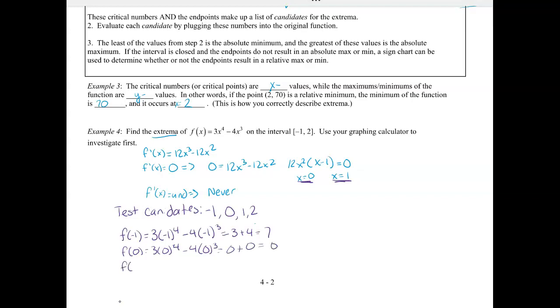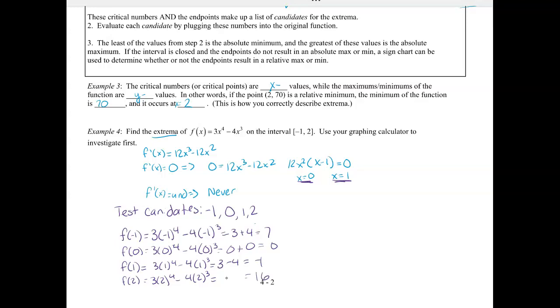Then I'm going to have f of 1, which is going to be 3 times 1 to the 4th minus 4 times 1 cubed, which should just be 3 minus 4, which should just give me, I believe, -1. And then finally I've got f of 2, which should be 3 times 2 to the 4th minus 4 times 2 cubed, which should be 16.